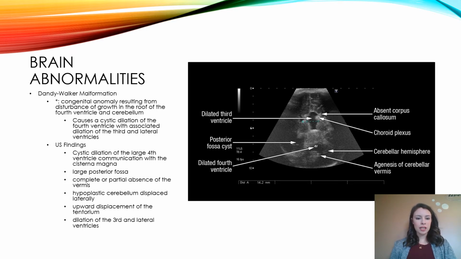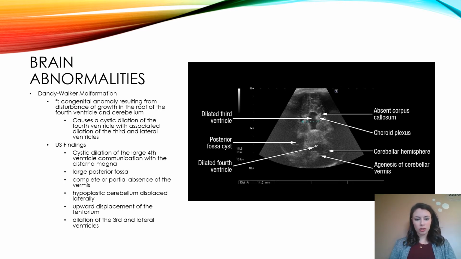So what you're going to see on a scan is cystic dilatation of the fourth ventricle. That's going to communicate with the cisterna magnum, a large posterior fossa, complete or partial absence of the vermis, hypoplastic cerebellum displaced laterally, an upward displacement of the tentorium, and dilatation of the third and lateral ventricles.